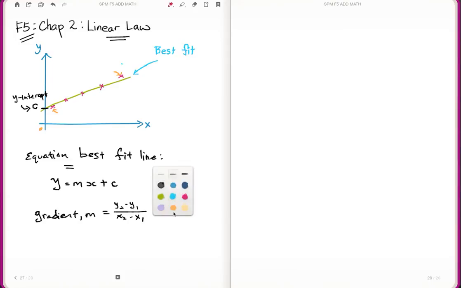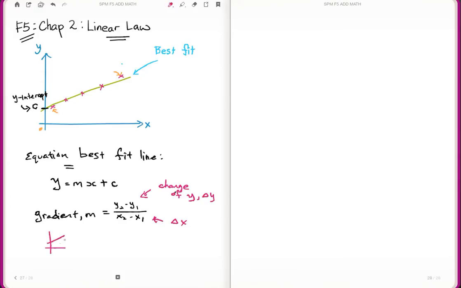Over here, in this equation, the numerator is the change of y, and the denominator is the change of x. y2 coordinate subtract y1, over x2 subtract x1.